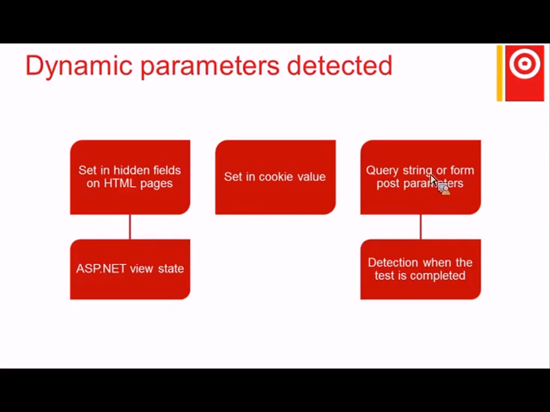Basically, like I said, hidden fields are detected at runtime. Cookies are all handled at runtime, and query string and form post parameters are detected at the end of recording a test or when you click the detect dynamic parameters button. The one difference is that at runtime, hidden fields are detected.